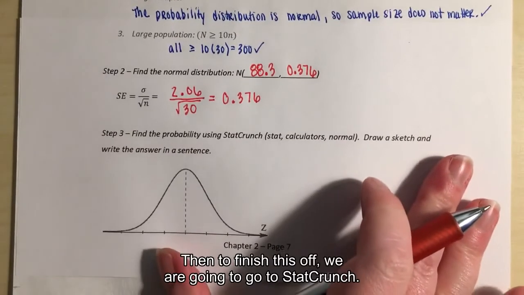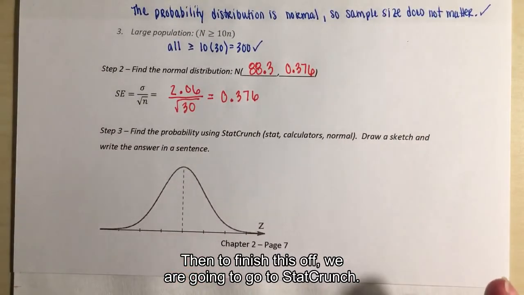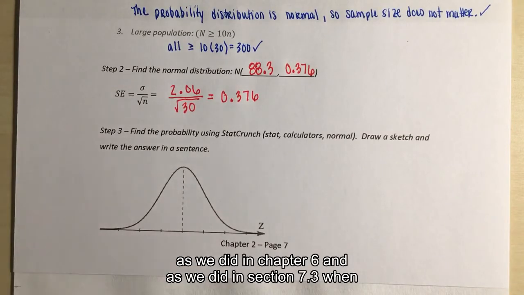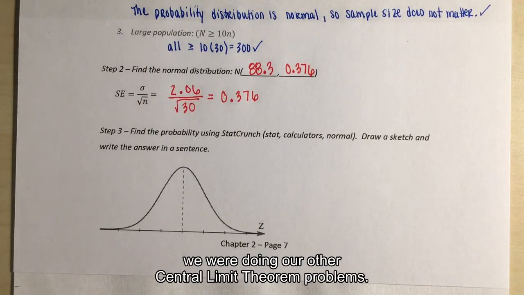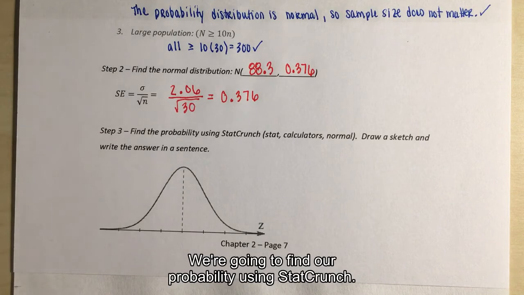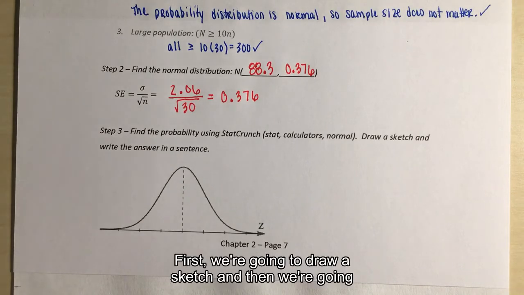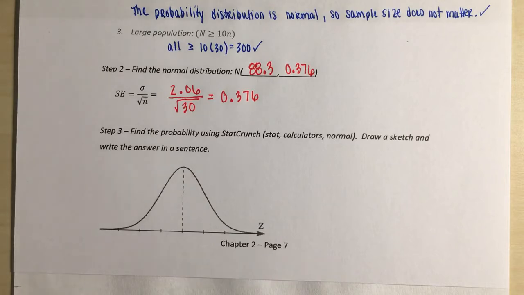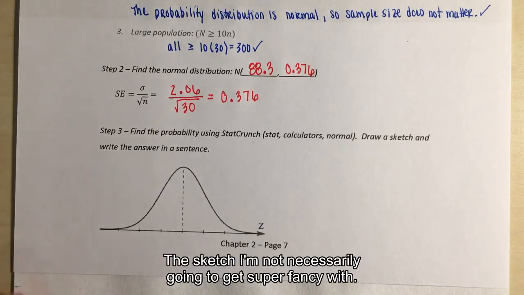Then to finish this off, we are going to go to StatCrunch. We're going to use our normal calculator as we did in Chapter 6 and as we did in Section 7.3 when we were doing our other central limit theorem problems. We're going to find our probability using StatCrunch. First we're going to draw a sketch, and then we're going to finish by writing our answer in a sentence. The sketch I'm not going to get super fancy with.